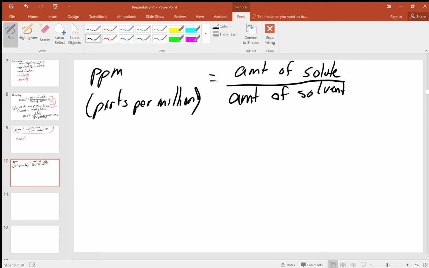We use amount of solvent here for the simple reason that because these solutions are so dilute, adding the amount of solute to the amount of solvent wouldn't really make a difference. Again, unit doesn't matter as long as we use a consistent unit. And then what makes this parts per million is we multiply this by 10 to the 6th.